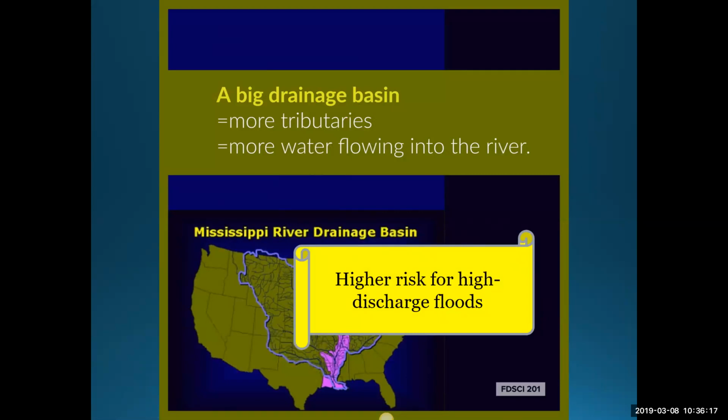If it's a big drainage basin, it means there's more tributaries, more water flowing into the river system, and a higher risk for high discharge floods, which are the most damaging and the most erosive. So it makes sense. If there's a lot feeding into a specific system, then there's the potential for a lot of water.